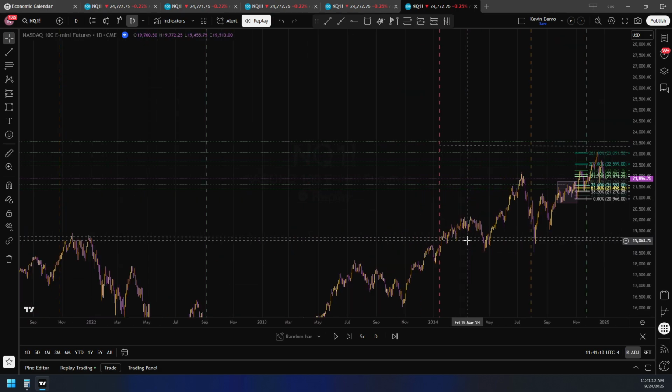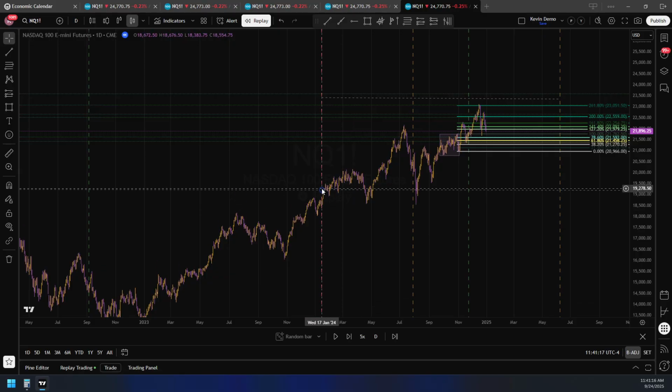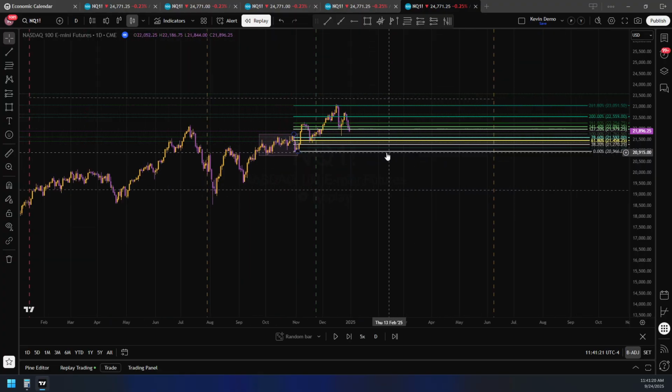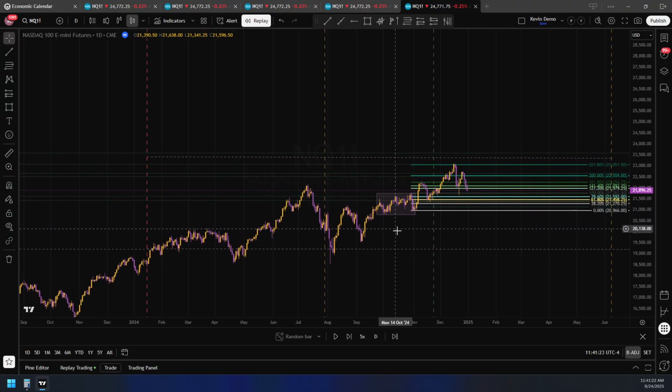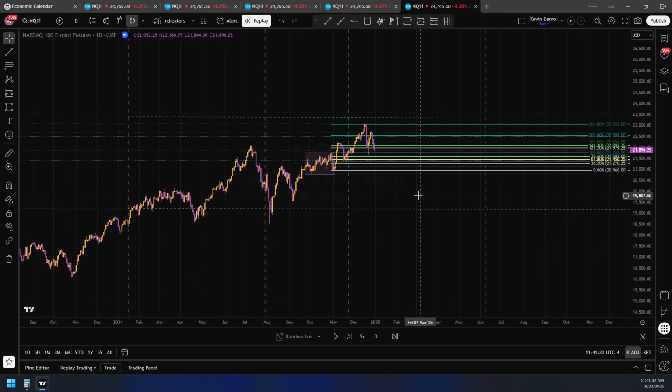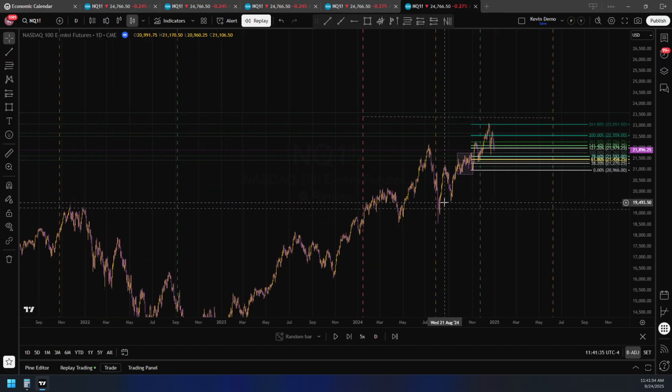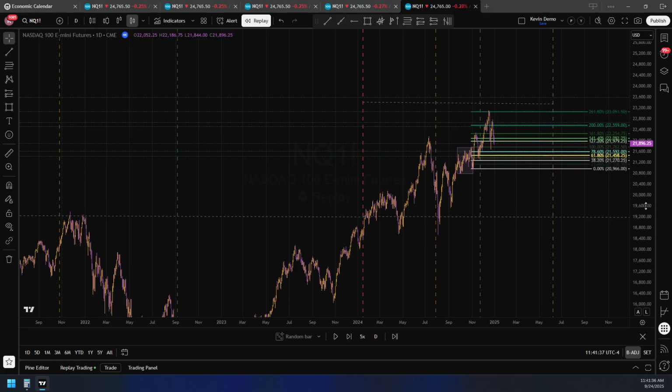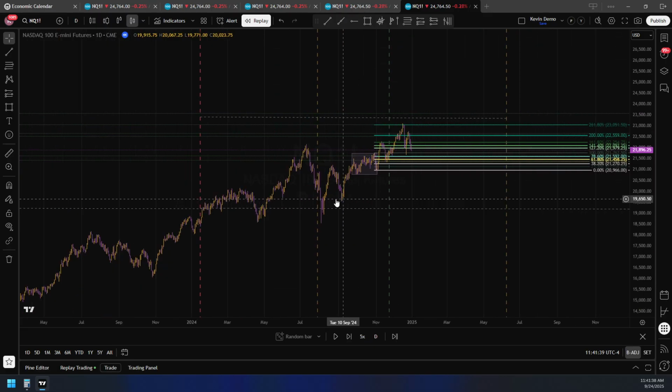So even through here, this is an accumulation phase, but even within it, you can find more accumulation. So this is a manipulation window here. Inside this right here, we got accumulation.